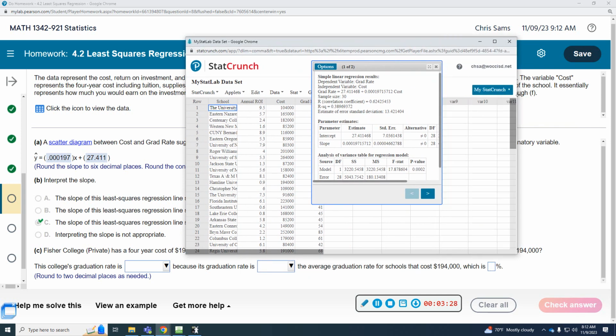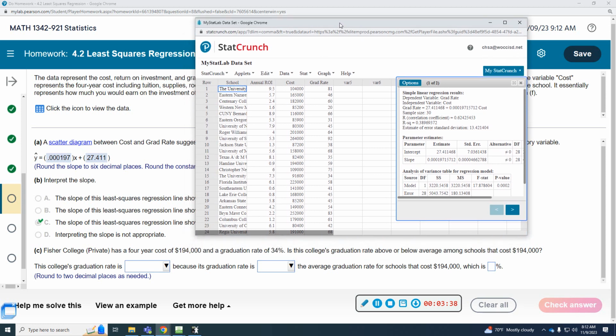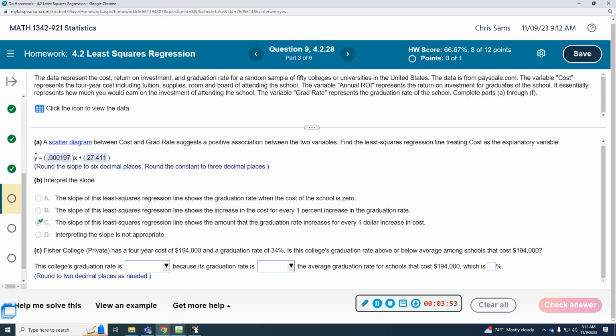Okay, so we have something in the 200, so we got a 194. 34%. So it gives you the annual graduation rate there. Okay, so let's compute this one and see what we get from our model.